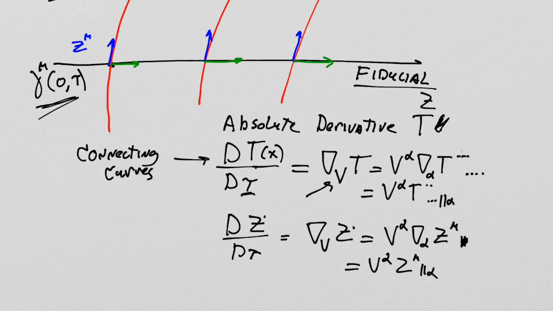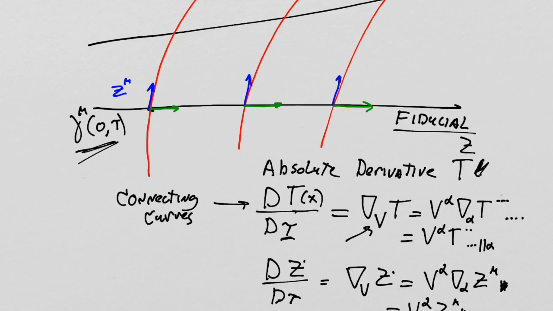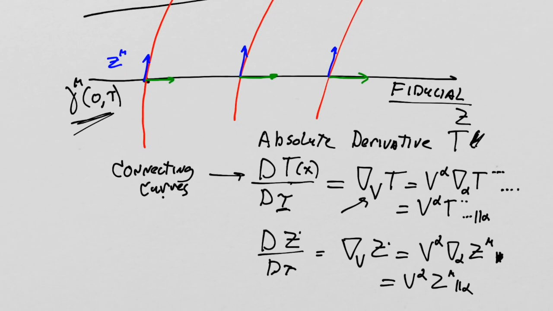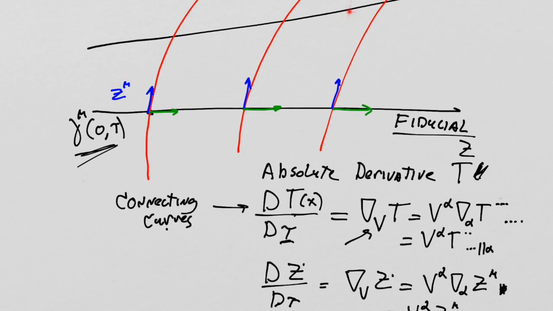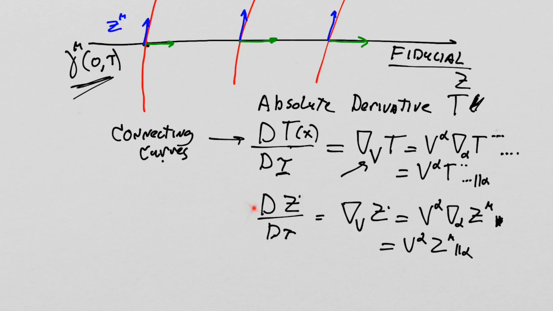But as we already said, what the absolute derivative is telling us is how this approximation to the connecting vector is changing as you move down this curve. This little piece here is sort of an approximation to a connecting vector. And we already know that even in flat space, you can have divergences. So the fact that Dz d tau is not zero, that's not important.